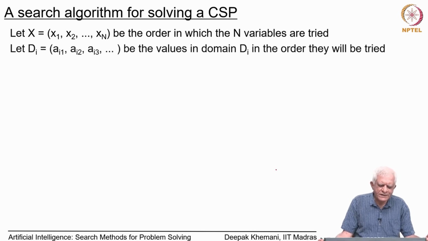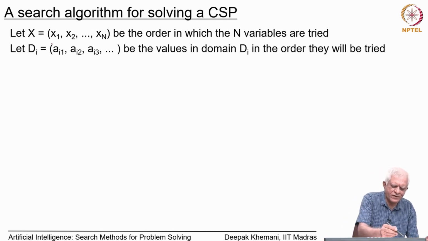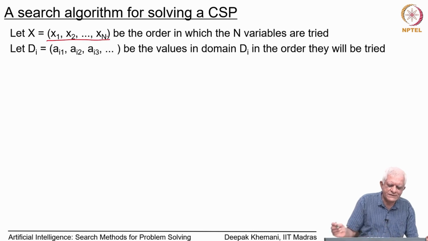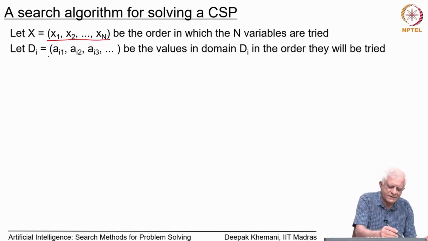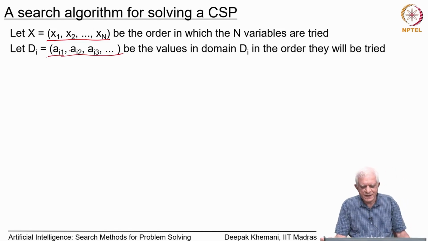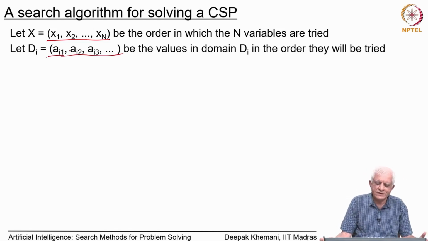So, we are searching for these n variables, and let us say that we have pre-decided the order, that x1 is first and x2 is second and so on and so forth. And within each domain, let us say that we have pre-decided the order in which we will look at the values essentially. There are algorithms which do not pre-decide this, but which do it on the fly dynamically, but we do not have time to get into those.